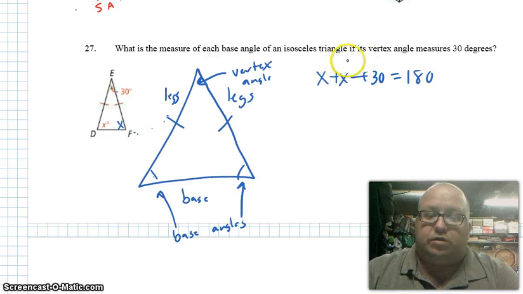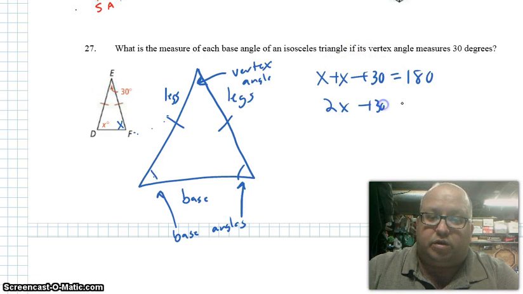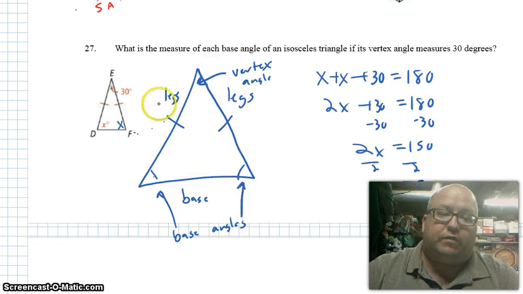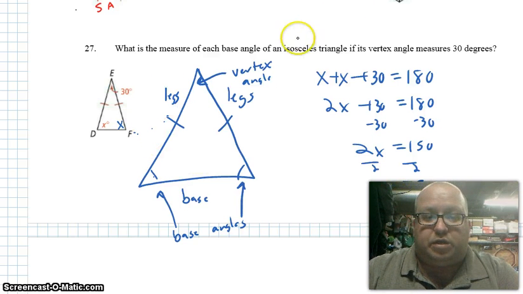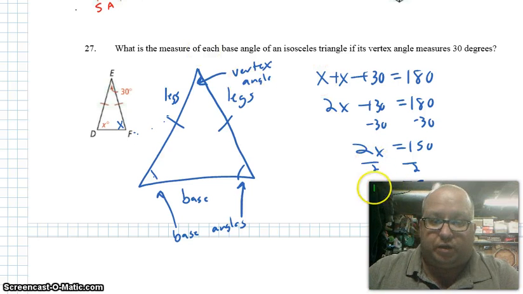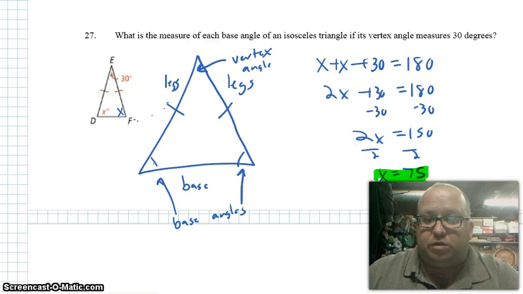Thank you, triangle angle sum theorem. That's 2x plus 30 equals 180, minus 30, minus 30. 2x equals 150. Divide by 2, divide by 2. And x is 75. Let's see, what is the measure of each base angle? 75. I think that's it. I have to go back and double check and make sure I'm getting what I'm told.